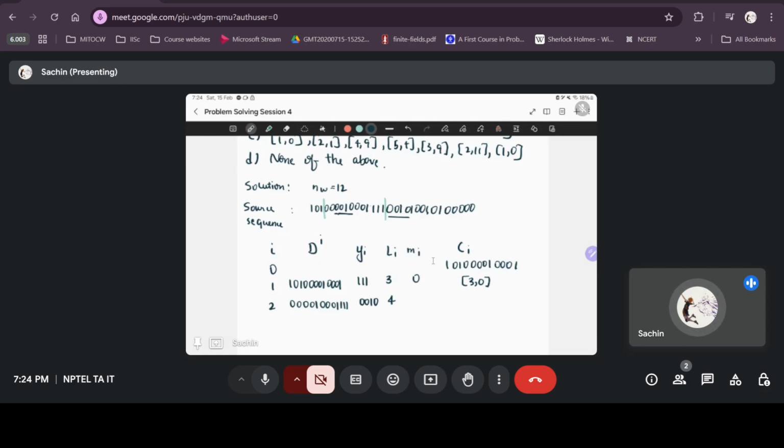It starts at the position 0, 1, 2, 3, 4, 5, 6, 7, 8, 9. So it's 4, 9.